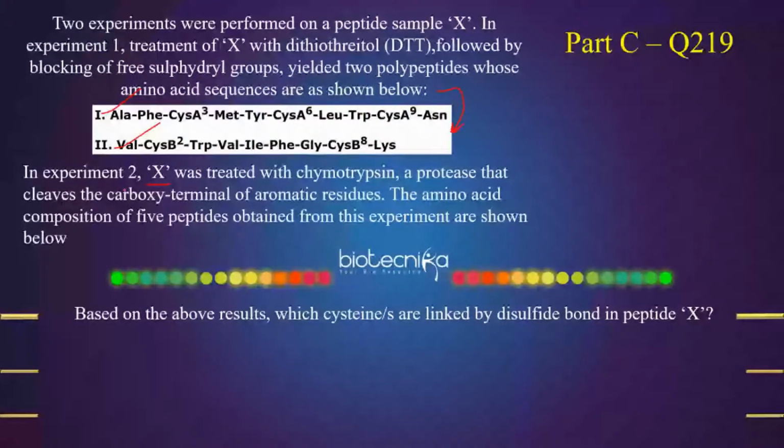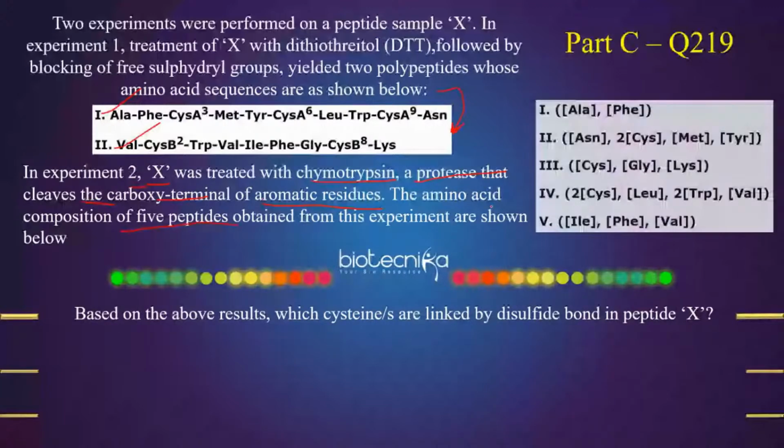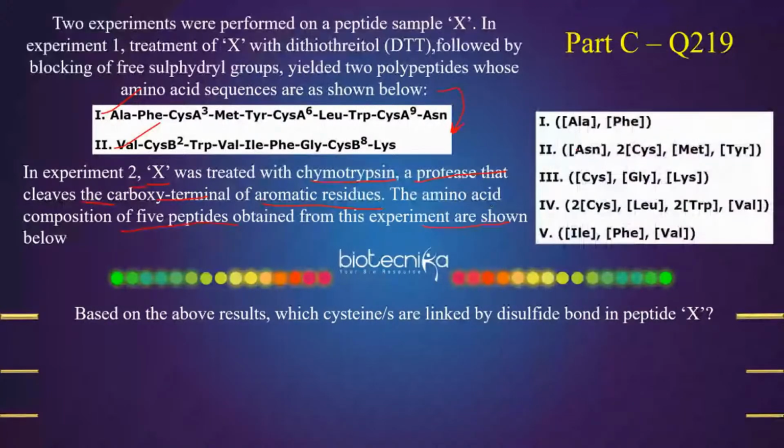Now in the separate experiment, X was treated with chymotrypsin, a protease that cleaves the carboxy terminal of aromatic residues, which we already saw. So the amino acid composition of 5 peptides is obtained from this experiment, the ones shown over here. So after chymotrypsin treatment, you got some fragments. They haven't given you the exact sequence of the fragments, but they have given you the composition, which amino acids were there in that particular fragment.